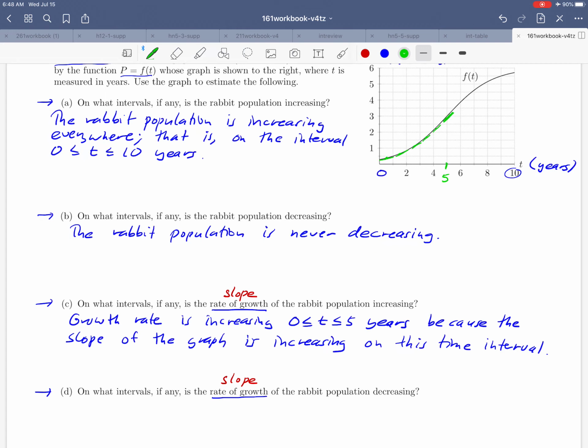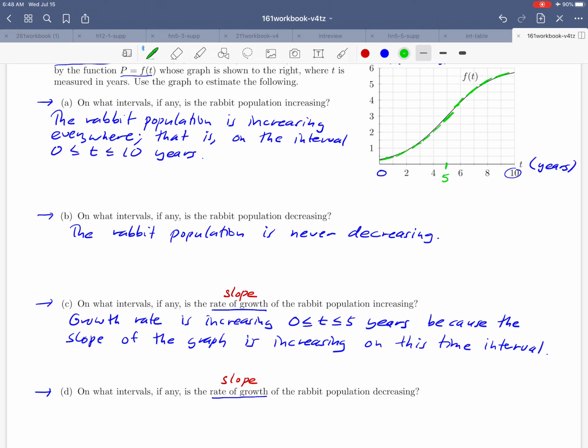Here's our tangent line slope at 5. If you keep drawing in tangent lines, those slopes are getting less steep. They're numerically decreasing. Even though the slopes are positive everywhere, the slopes themselves are getting smaller.